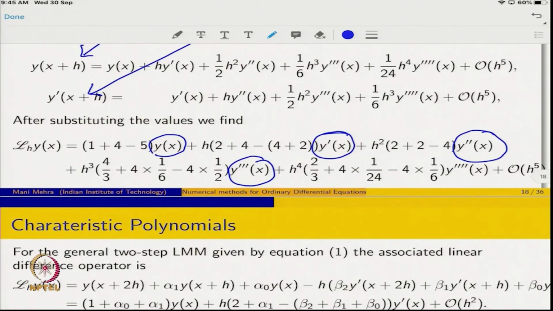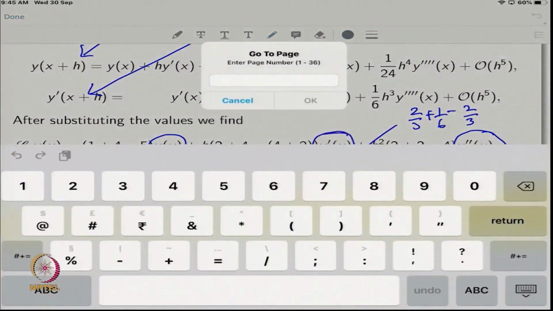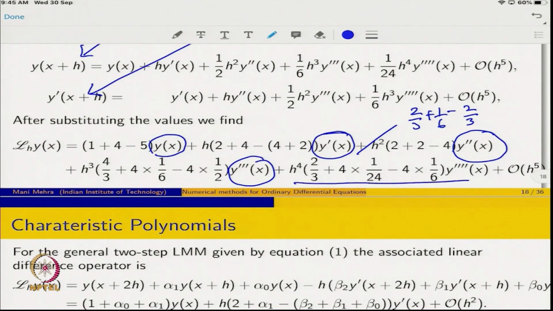Because if you look at 2 by 3, what is the calculation here, 2 by 3 plus 1 by 6 minus again 2 by 3, and here also. So, this will be order of h5 if this term is non-zero, this will be order of h4 if this term is non-zero, this will be order of h cube, because this is 0. Let us do it, this is also 0, this is also 0.